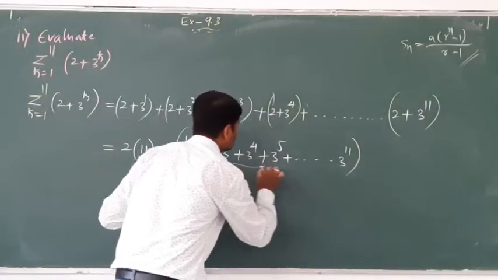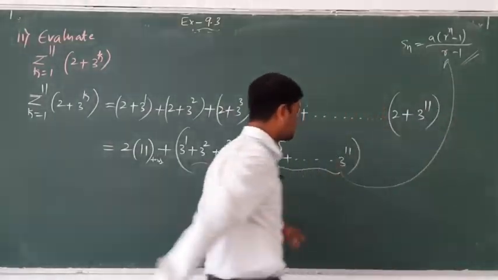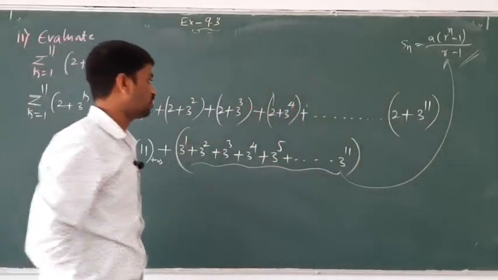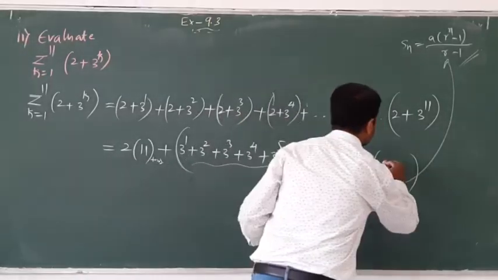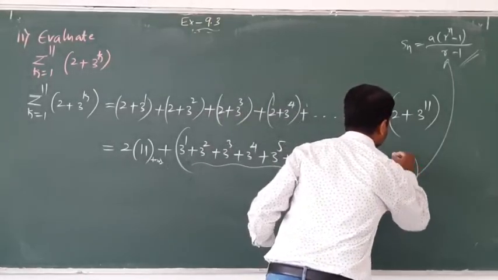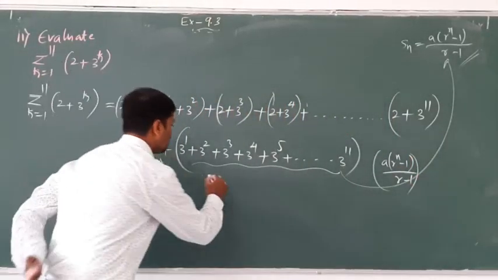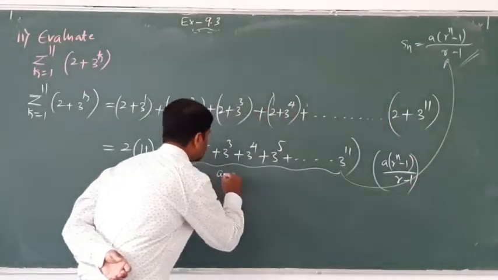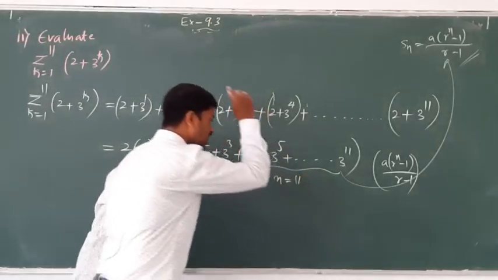Here, sum to n terms of a GP. What is the formula? a into r power of n minus 1 divided by r minus 1. What is the value of a? a is equal to 3, r is equal to 3, and n is equal to 11.